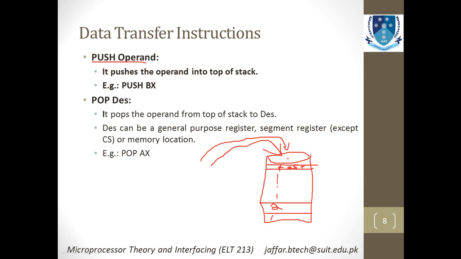So this is the last data that you want to store in your stack. Now, how do you store your data in the stack? For that you need the PUSH command. PUSH BX will push the data onto the top of the stack. In this case, the last data is at the top of the stack.